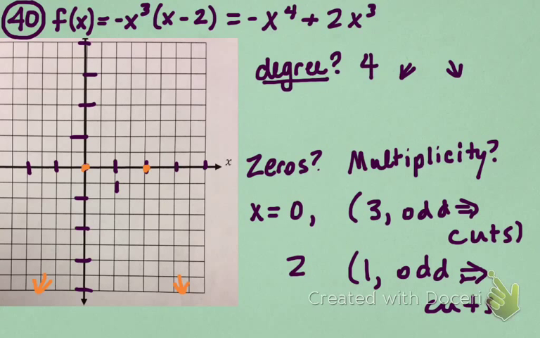But since we've written the function as negative x to the fourth plus 2x cubed, I know that in the middle it's going to act cubic, which a cubic graph would come down like this to go in that direction to the left. But it's going to kind of wiggle back up this way, close to the y-axis. But then I know that the graph has to go up to come back down and cut through here and wind up out there.